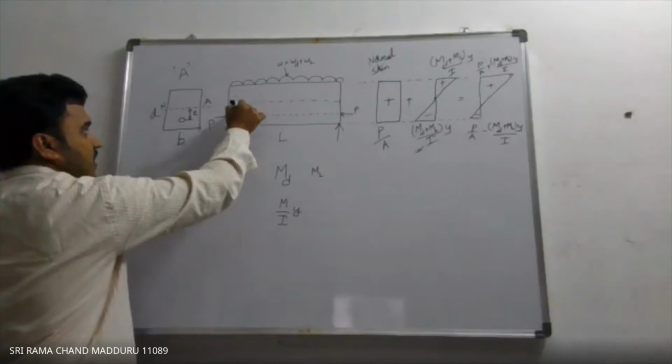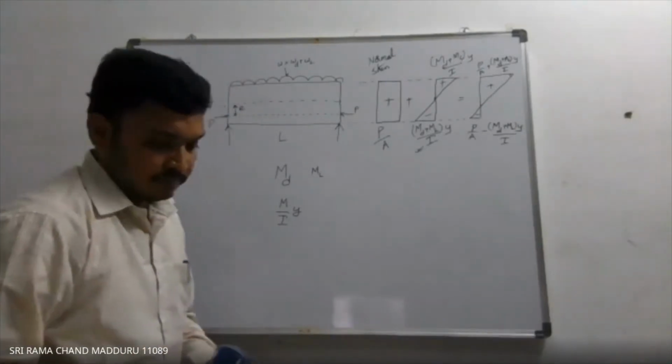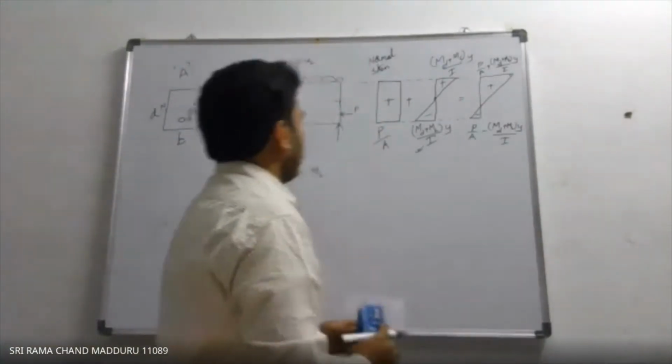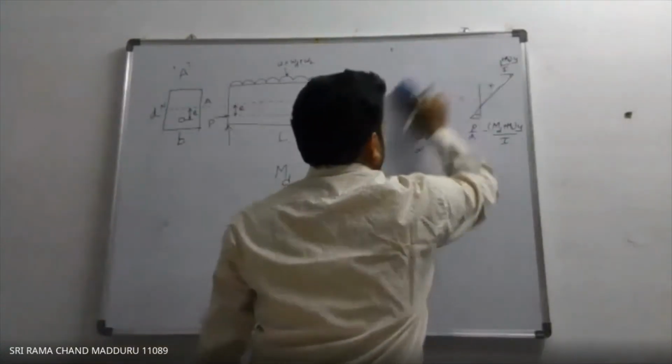So this is your eccentricity E. Now the stress distribution will not be like this.